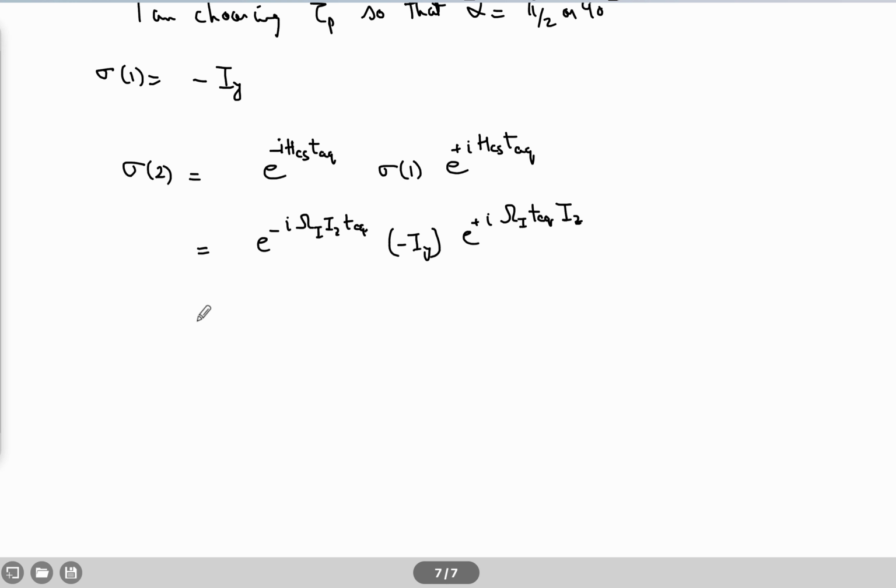Iz, right? Now again I'll just write down the BCH formula part.